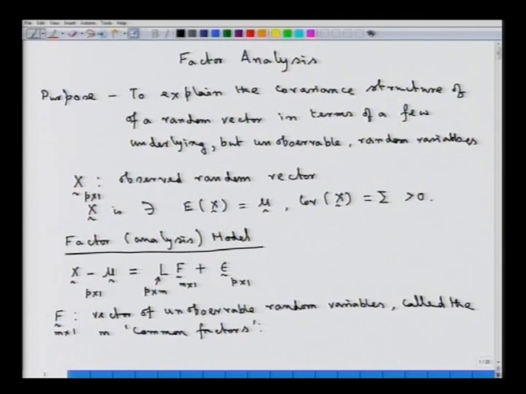Later on we will put some assumptions on this F vector in order to quantify what sort of random variable it is. The second thing is epsilon, which is p by 1. These m common factors are common to each component of the original p dimensional random vector x. Epsilon, the p dimensional vector, consists of what are called specific factors.